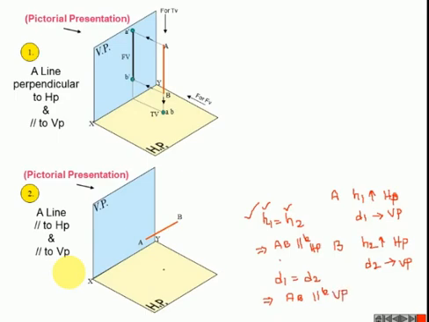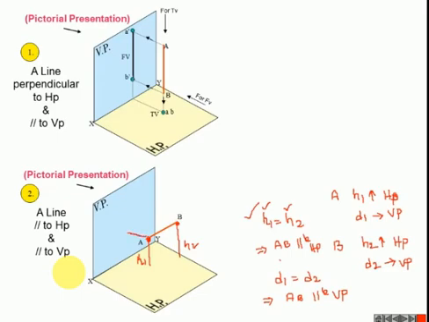So what is H1? This is H1 above the HP, and this is H2. So point A is H1 mm above the horizontal plane, and point B is H2 mm above the HP.